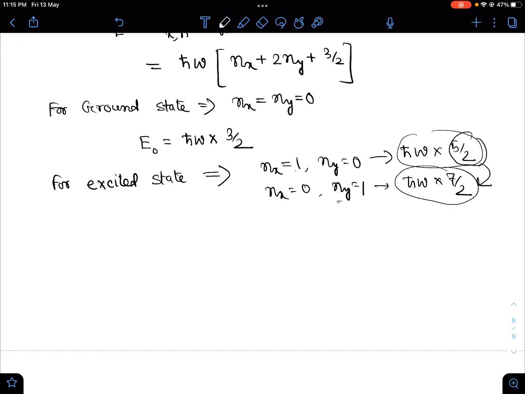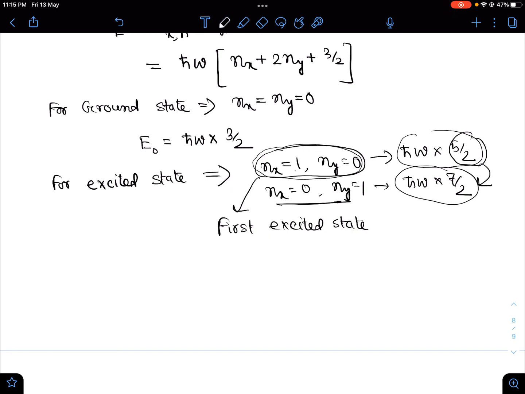So this cannot be the quantum number for the first excited state, because for a different set of quantum numbers we have an energy value which is lesser than this and greater than our ground state. So that is why for the first excited state we have nx 1 and ny 0.